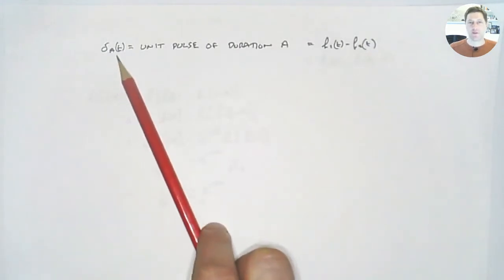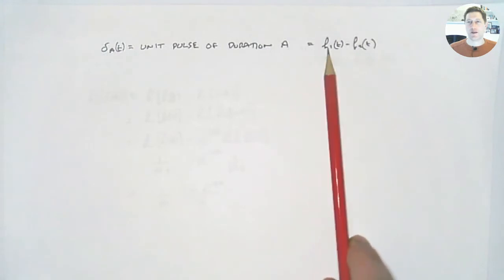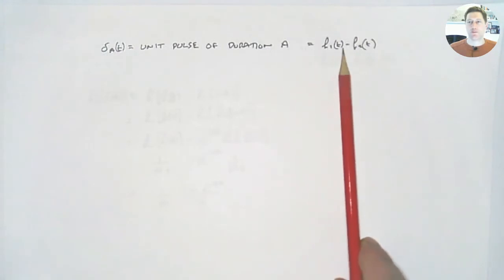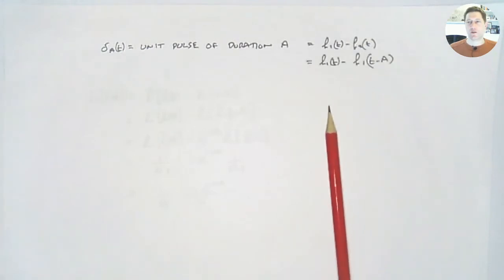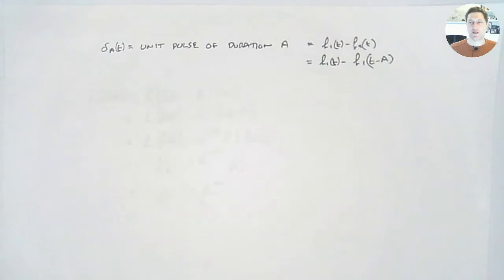So our unit pulse function of duration a is equal to f1 of t minus f2 of t, and we saw that f2 can be represented as f1 of t minus a to represent the delay.